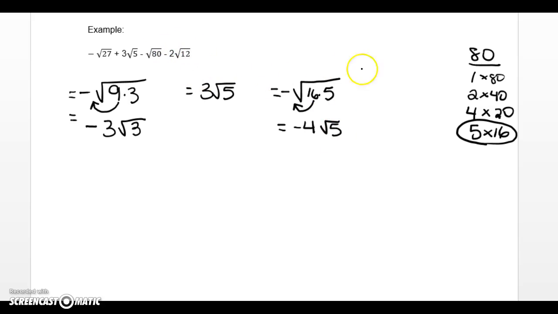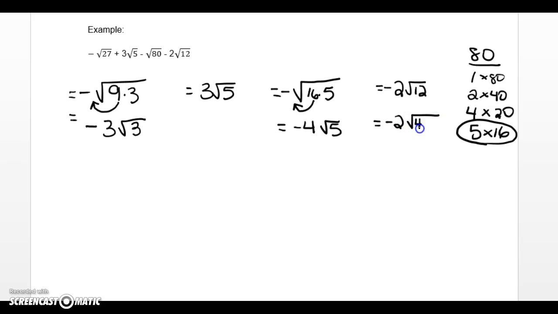Then we can look at our next radical, which is negative 2 square root of 12. You might be tempted to think that this one is already in mixed radical form or in simplest terms, but look at this 12 here. This one can be rewritten as 4 times 3, and 4 is a perfect square. So you can go ahead and simplify this.